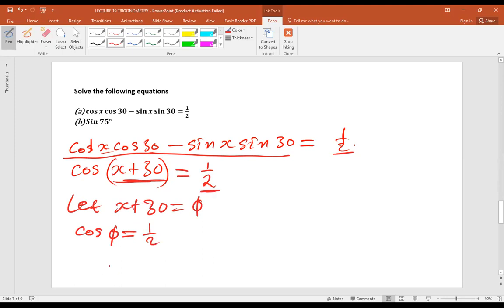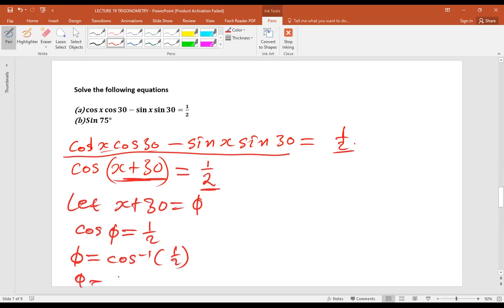To find the angle phi, the reference angle, we say phi is equal to the cos inverse of half. So cos inverse of half is simply 60 degrees.